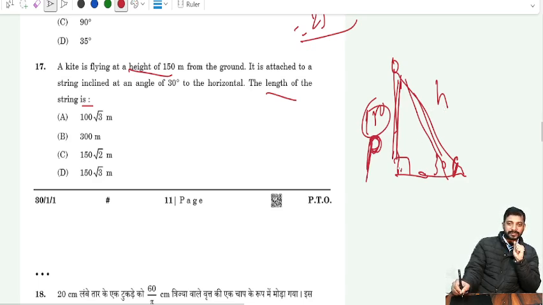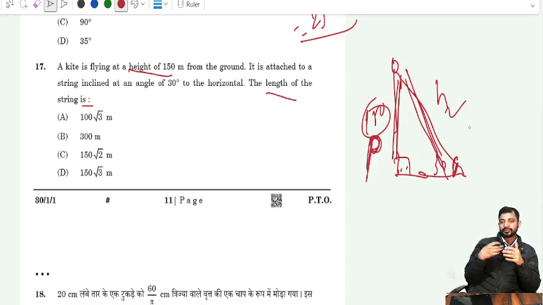Because this is 90 degrees and it makes the hypotenuse. That's why this is H. So now think, what is the ratio, P by H or H by P? P by H gives you perpendicular by hypotenuse, which gives you sine theta.